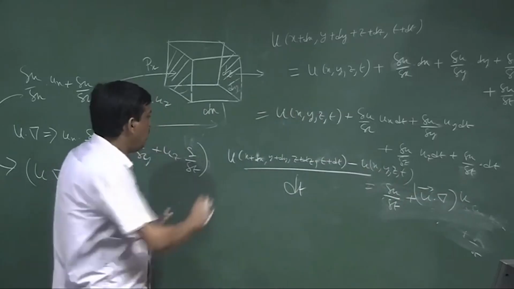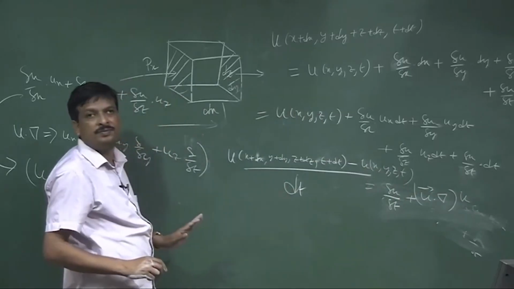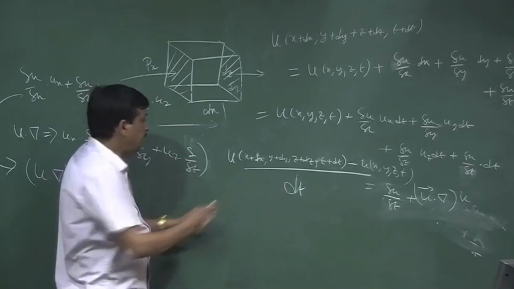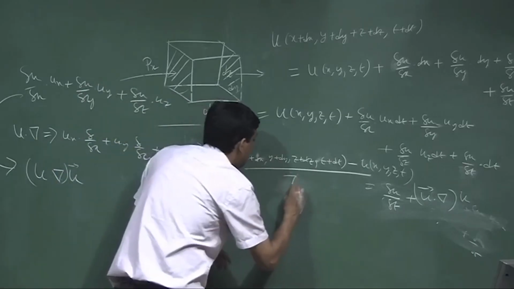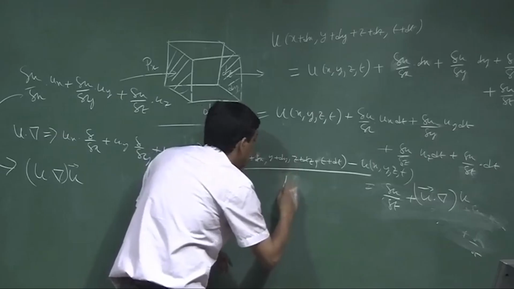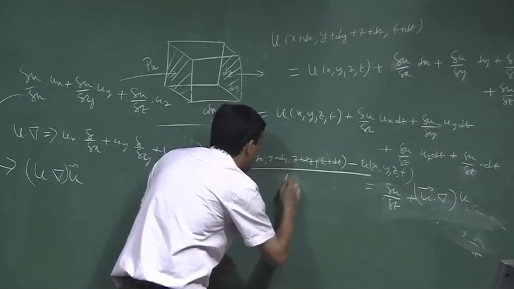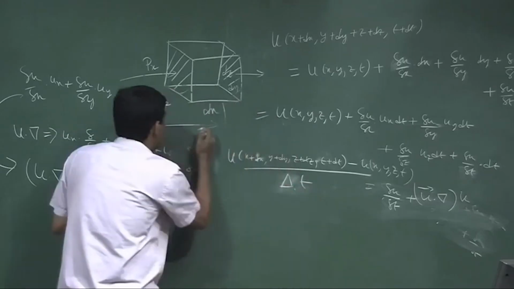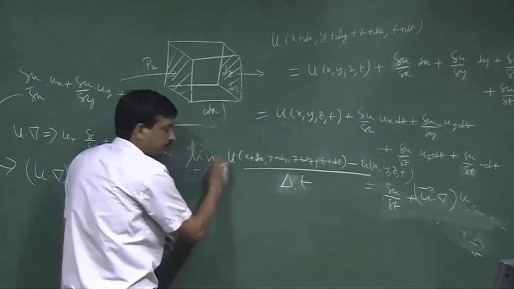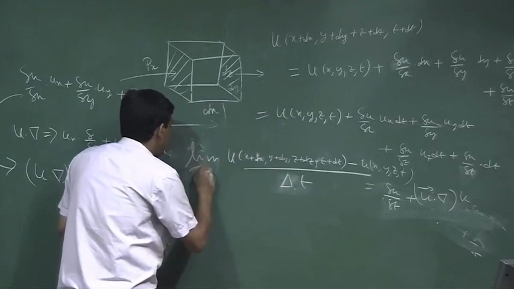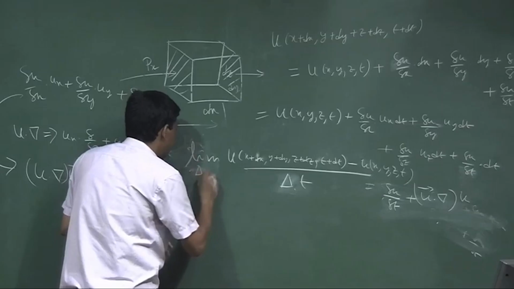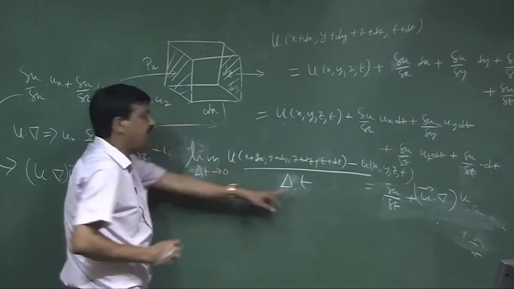Okay. Now, what is this? It is ∂t. Now, if instead of ∂t I write delta t, then what will be there? There will be a limit as delta t tends to 0, then it is dt.